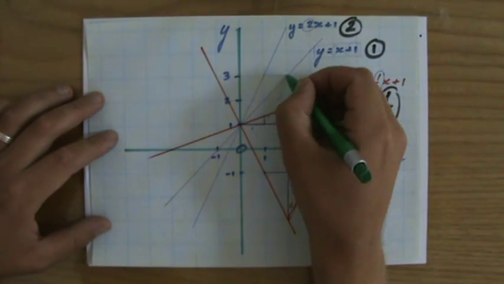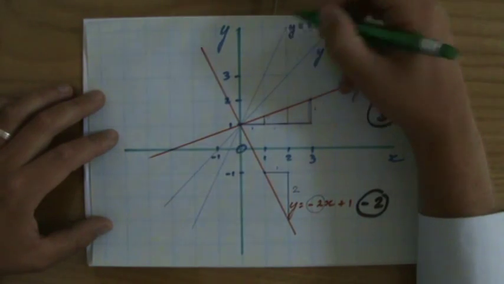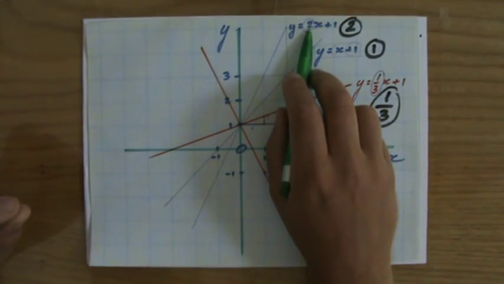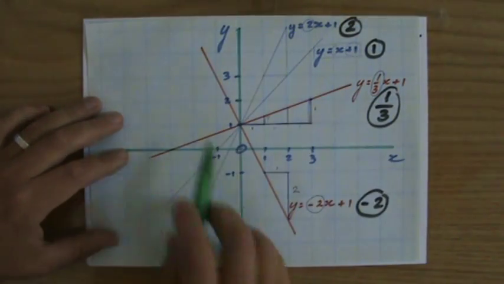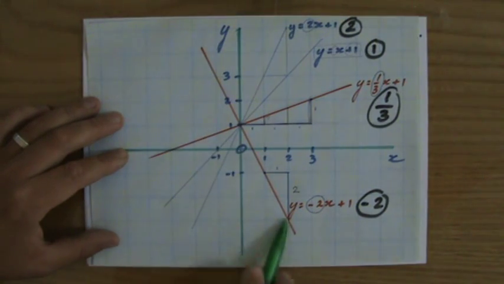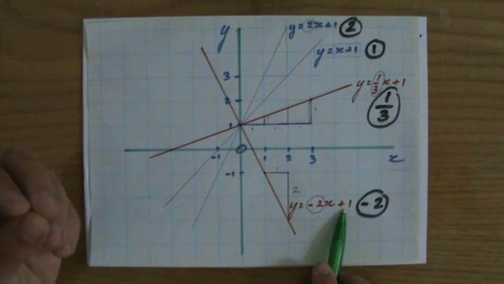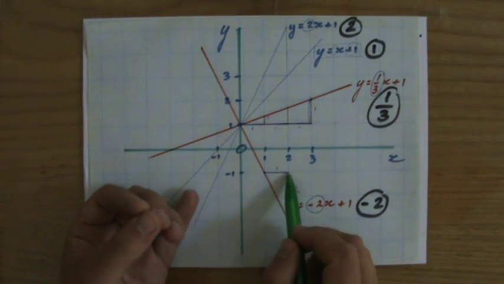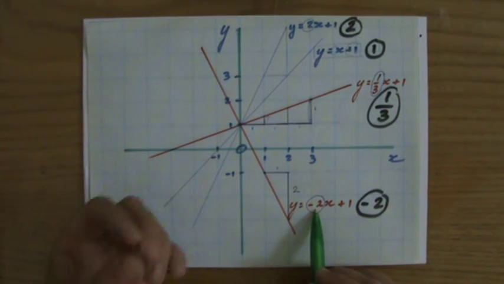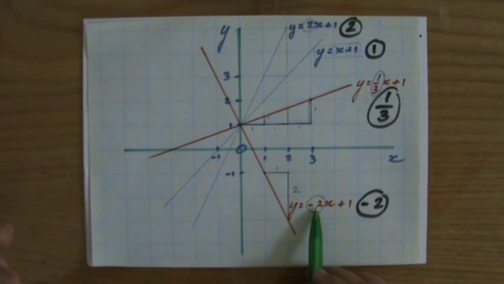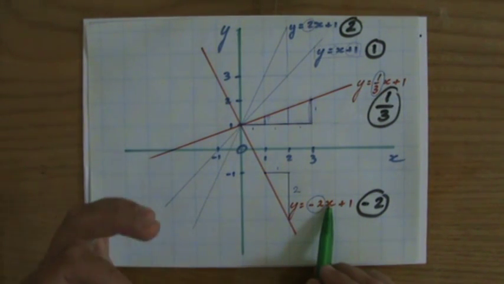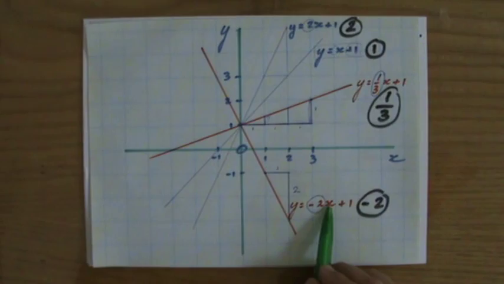Because if I go one step to the right, I go 2 steps up to be back on my line. And for the line y equals minus 2x plus 1, we discover that the gradient is minus 2. So the coefficient of x is the gradient of that line.